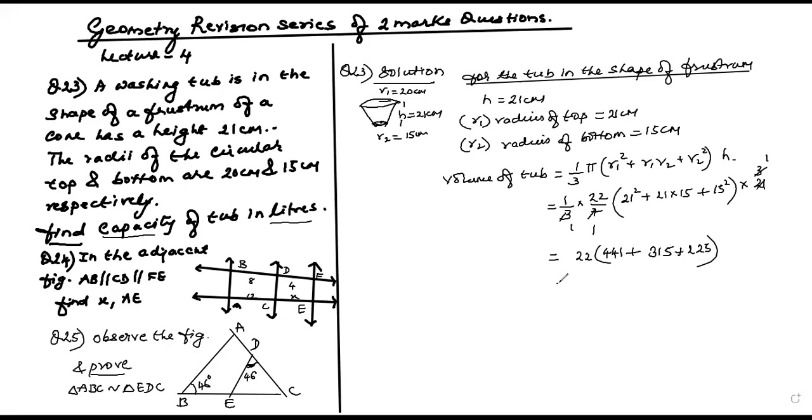So when you add everything, children, 22 into 5 plus 5, 10, 10 plus 1, 11, 3 plus 1, 4, 4 plus 4, 8, 2 plus 3, 5, 5 plus 4, 9, 981. Got it? Please have a look at this, centimeter cube.